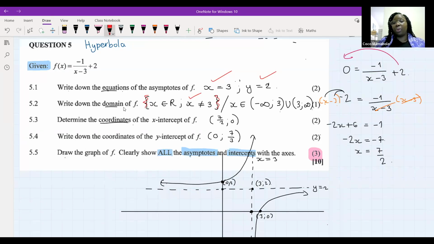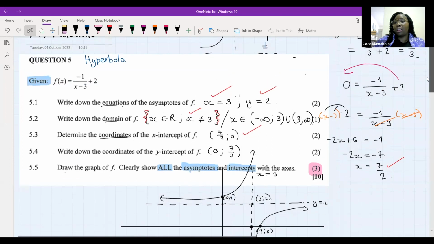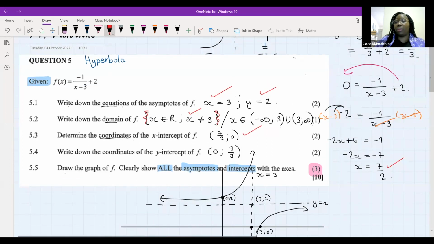All right, for finding the x-intercept, making the y-intercept 0 like we did here, and solving for it will give you 1 mark. For getting to the answer 7 over 2, they will give you 1 mark, and then they'll give you another mark for writing it as a coordinate. Okay, same with solving for the y-intercept. They're going to give you 1 mark for the working out. That's a method mark, and 1 mark for the coordinate itself.